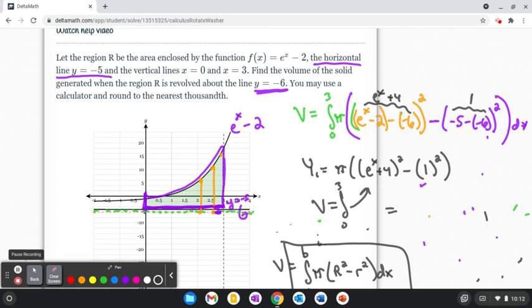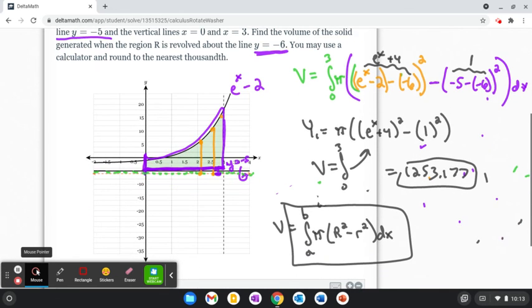It's apparently way up there. But when you evaluate this, I got 1253 point, and we're doing the nearest thousandth again, so 177. All right, so this one has a big volume. Let's go ahead and type that in.